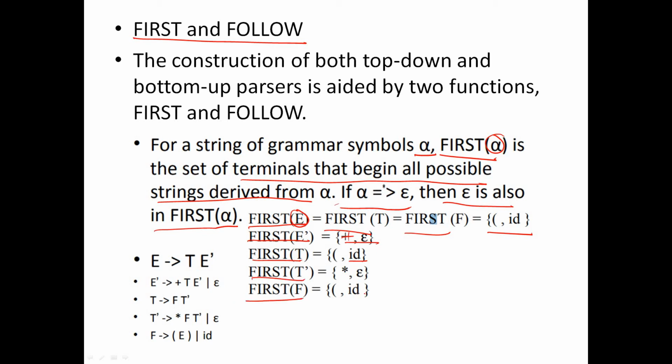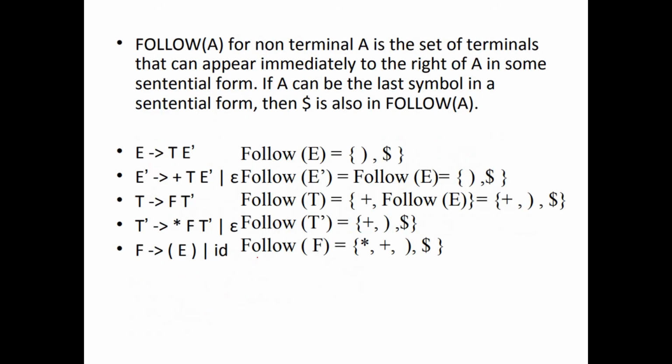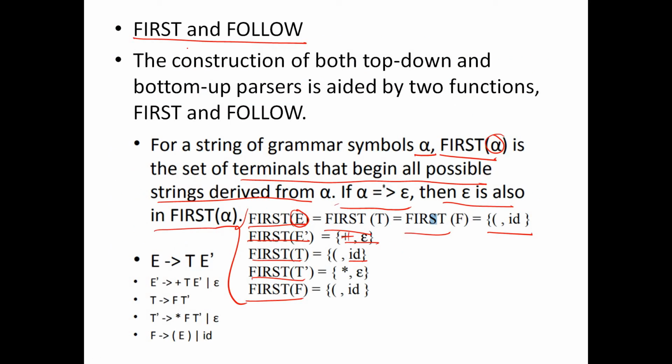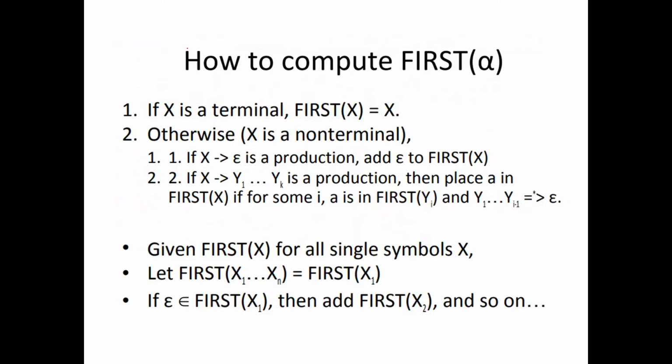First of F is id. So how we are going to calculate that can be done with the help of the first method. Now we'll discuss how it is going to work. Follow of A I am calling. This is the process to compute first.